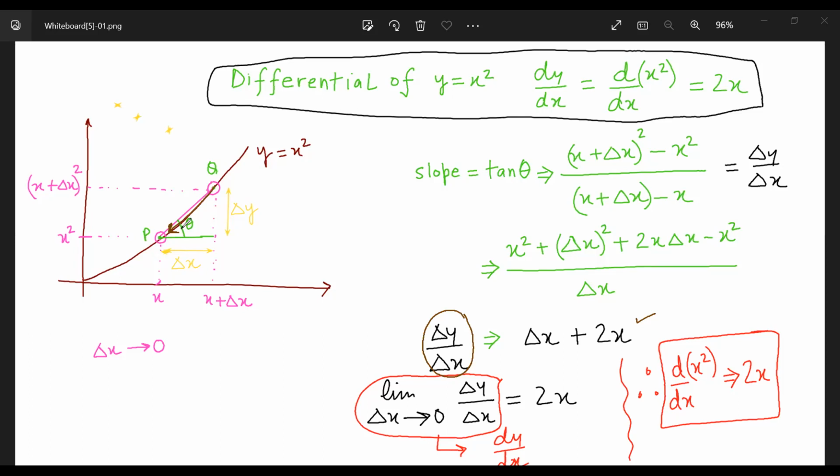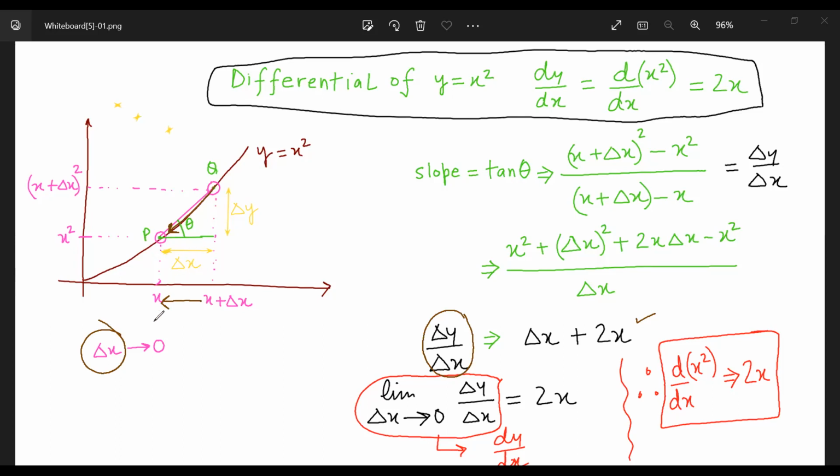At that time this point x plus delta x would be coming more and more close to x. Is it making sense? When you try to imagine that x plus delta x is as close to x as is possible, do you agree that delta x would have become almost 0?